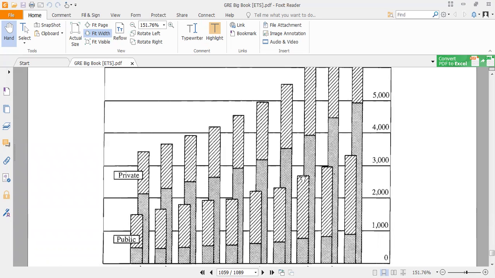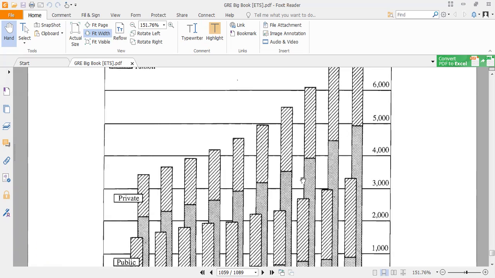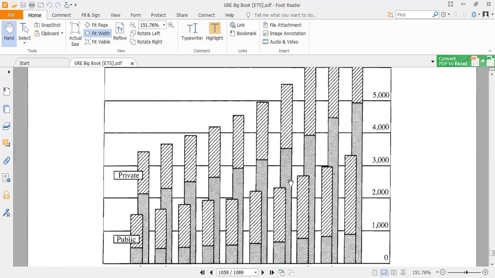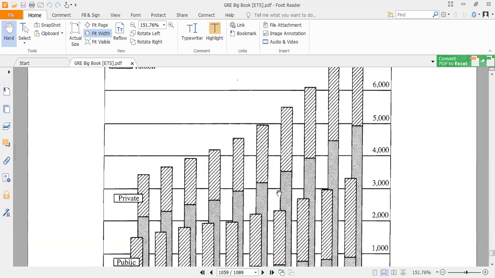In this year, public charge is about 2600, and private charge is about 6100, I guess. So it is also more than 4,000, and obviously more than 3,000. In this year, we have about 2500 and private is about 5500.